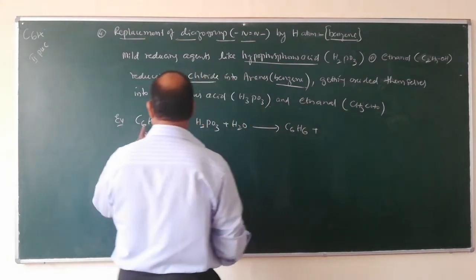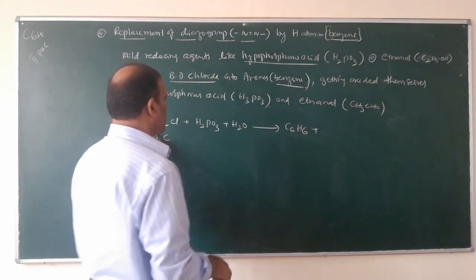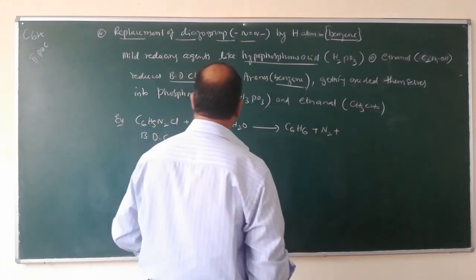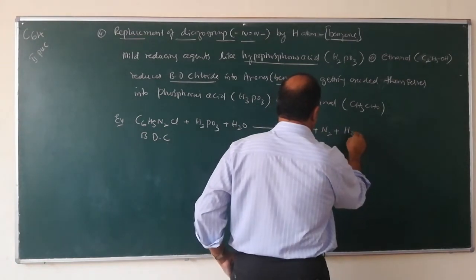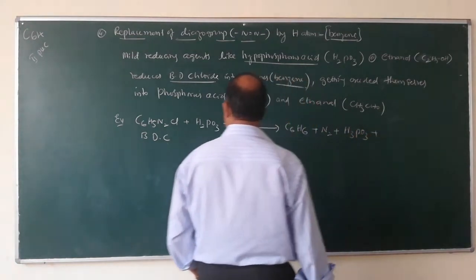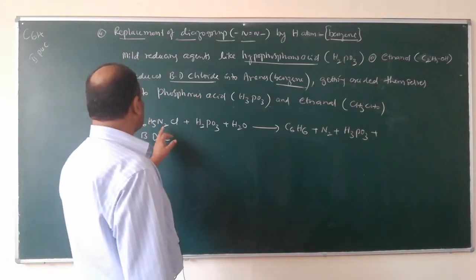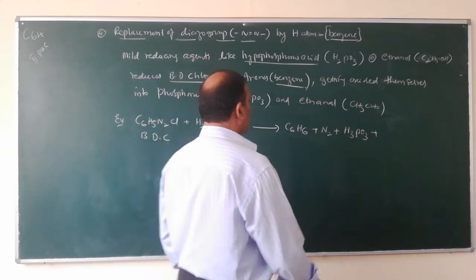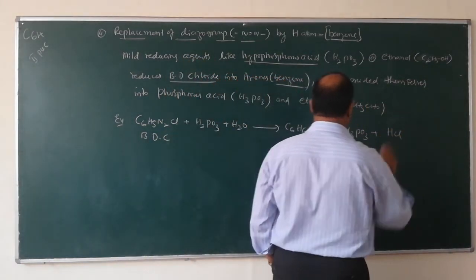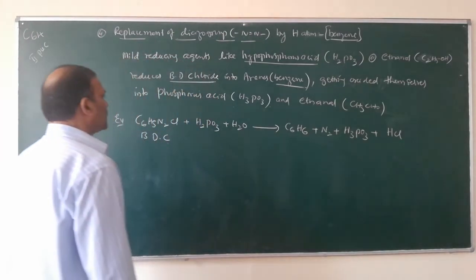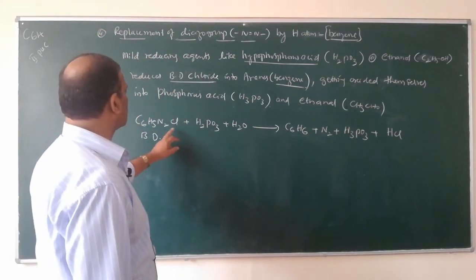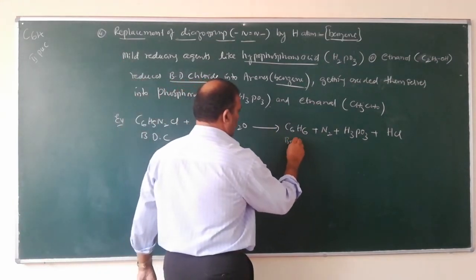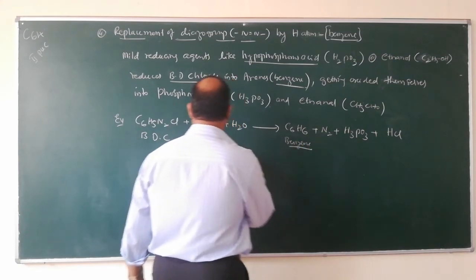C6H6, benzene, one hydrogen is added here, we will get N2 plus H3PO3 plus HCl. So we will get benzene.